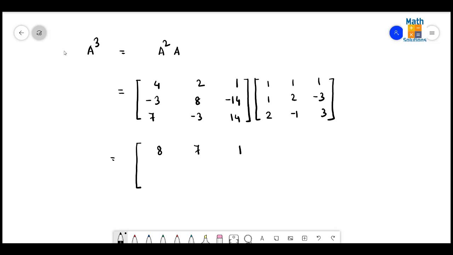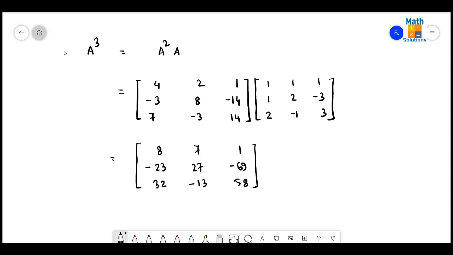Then here I should get minus 23, then 27, then minus 69, then 32, minus 13, and then 58. Yes, the answer should be 58.